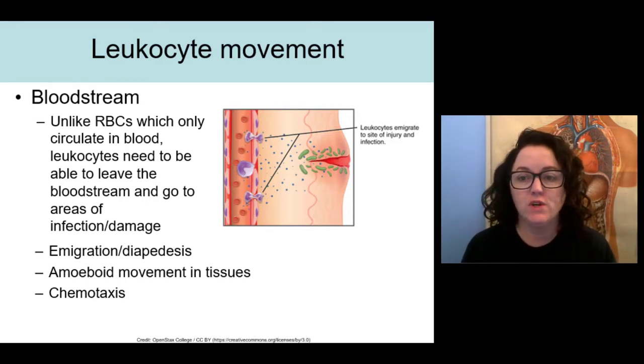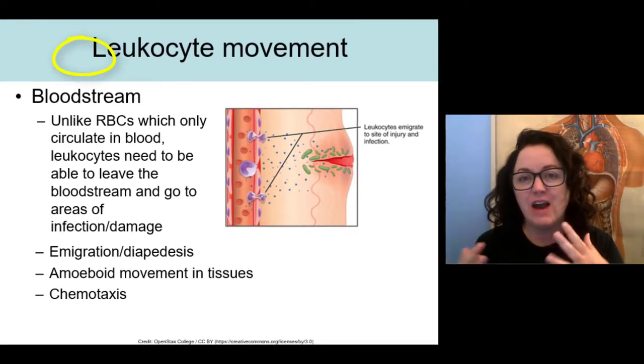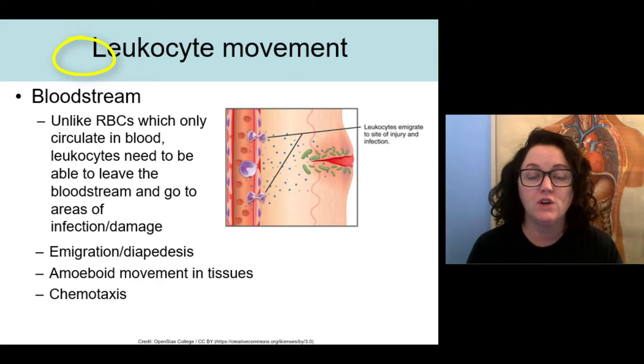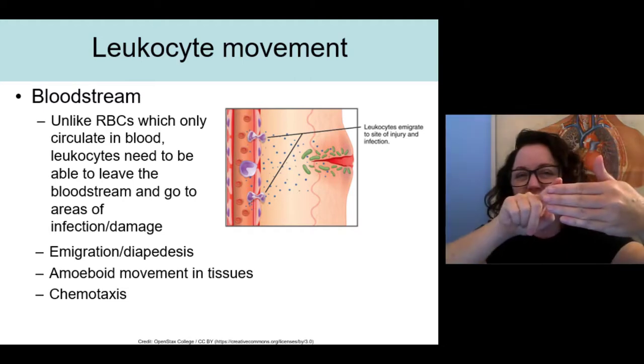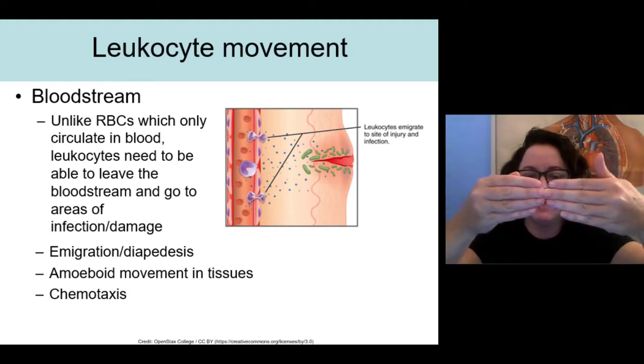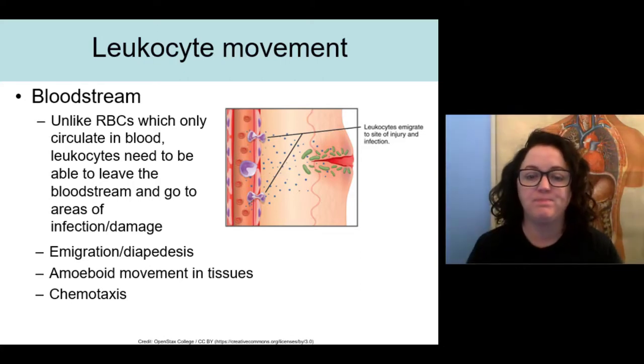In the picture on the screen here, you can see some white blood cells squeezing out of a blood vessel. It's really hard to do this because the cells that make up the wall of the blood vessel are tightly up against each other. There are tiny spaces between them, and the white blood cell has to squeeze through that tiny space to get out.